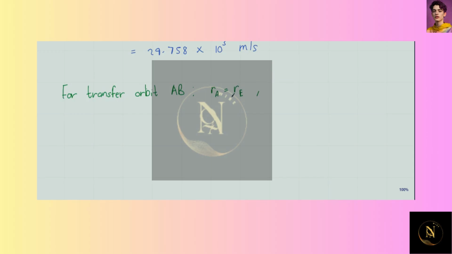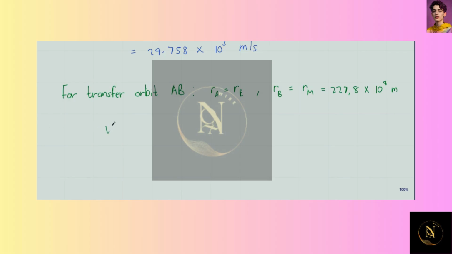So it's moving from Mars to the Earth. And RB is equal to RM is equal to 227.8 times 10 to the 9 meters.